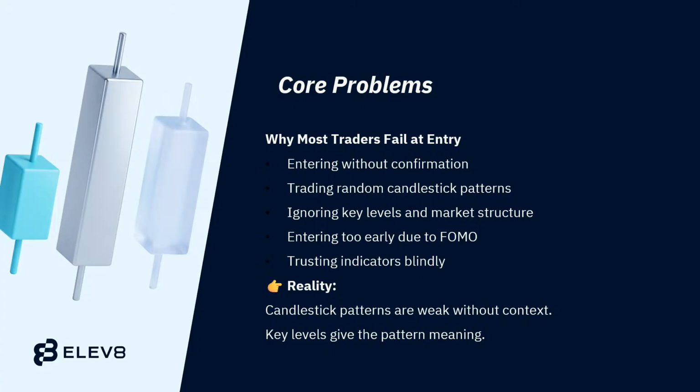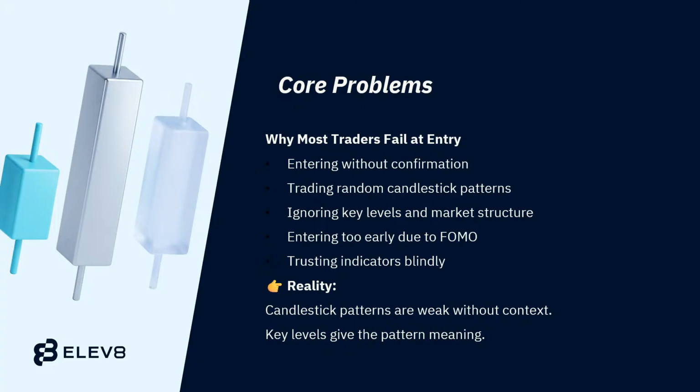No, it doesn't work like that, okay? And the third mistake is ignoring key levels completely, and this is where most traders lose structure, because candlestick patterns alone mean almost nothing. Yeah, it means almost nothing without locations.